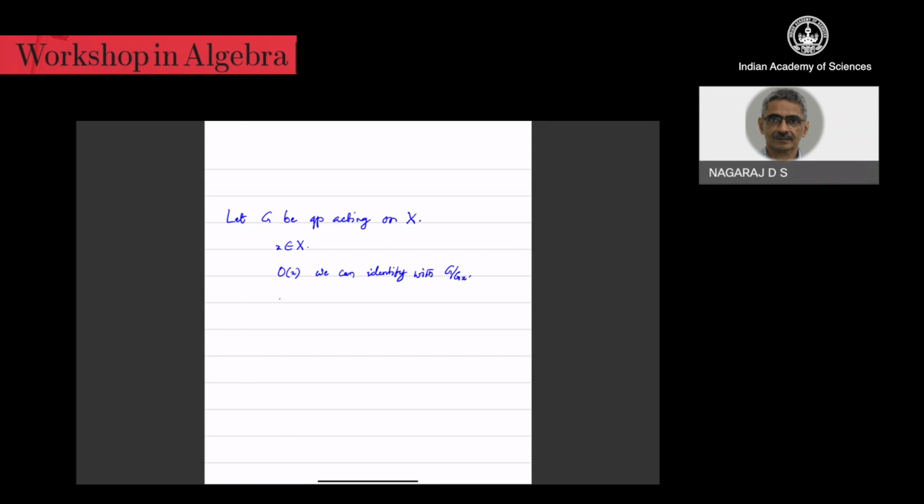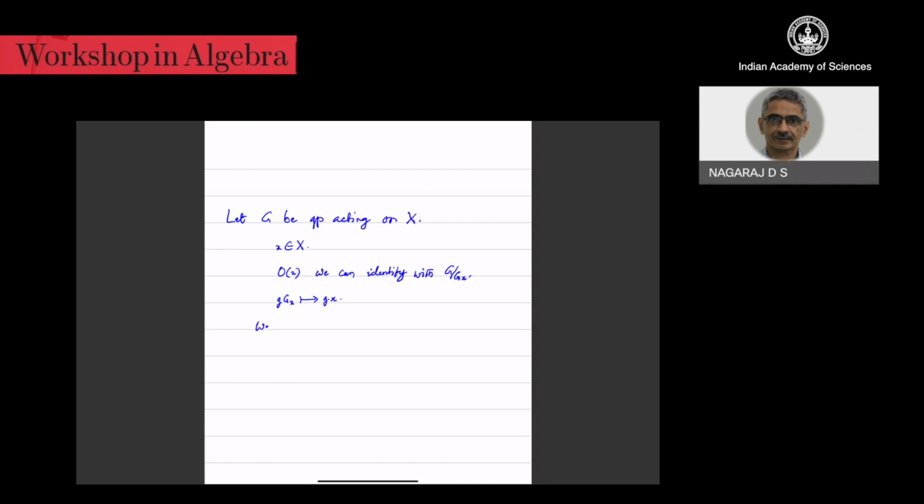So the map is: take any coset gGx, you send it to g dot x. So this way you get a map and you can identify Ox.